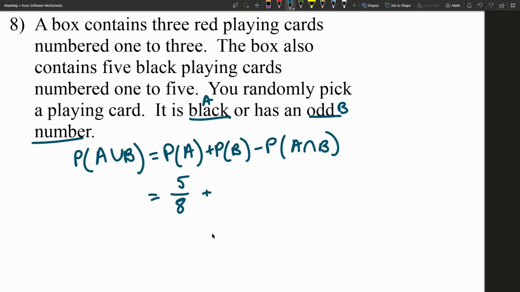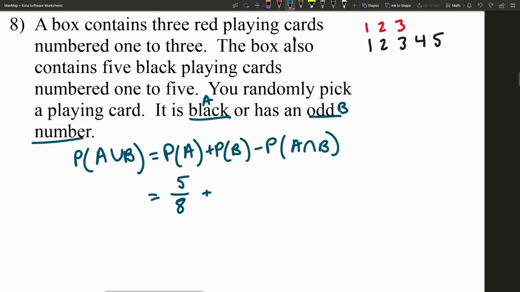What's the probability that it's odd? Well, let's actually write this out. I think it'll be easier to see. For the 3 red playing cards, they're numbered 1, 2, and 3. And for the black playing cards, they're labeled 1, 2, 3, 4, and 5. So what is the chance that we get an odd number? Let's go ahead and circle those. 1, 2, 3, 4, 5 out of the 8 total cards.